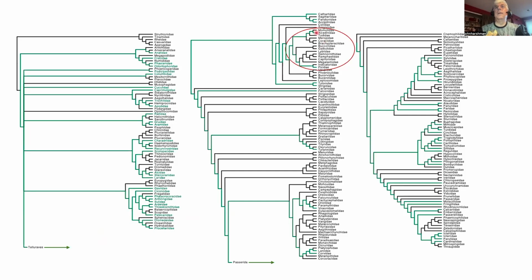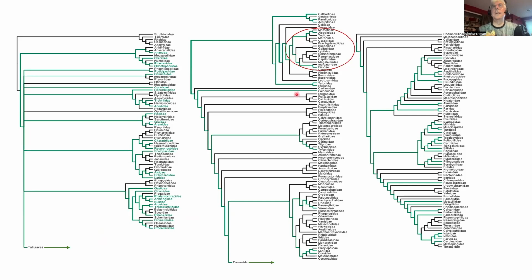This one right here is Coraciiformes. There are 6 families in this order. We see only 1, the kingfishers. Right below it is another order of birds, the Piciformes. There are 1, 2, 3, 4, 5, 6, 7, 8, 9 families in this order, of which we see only 1, woodpeckers.